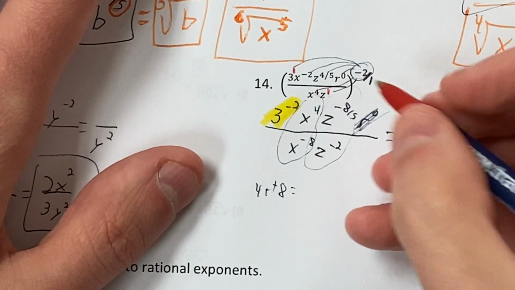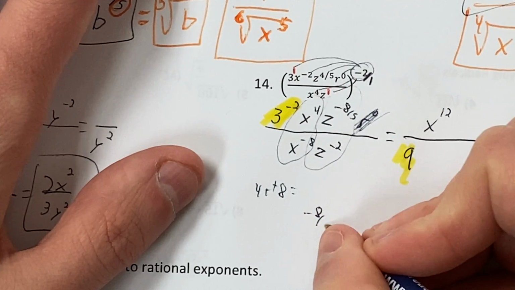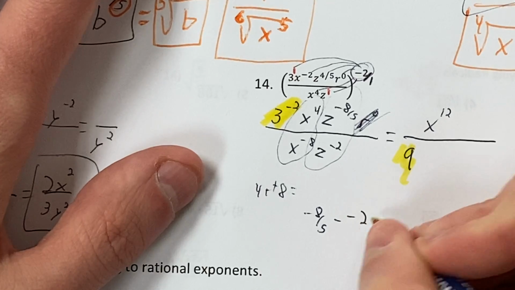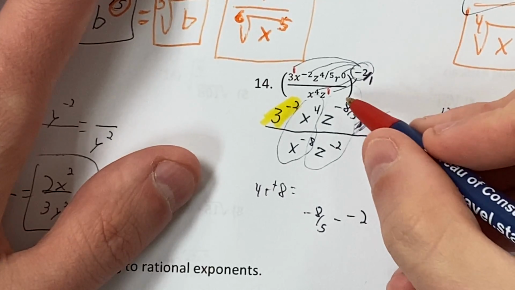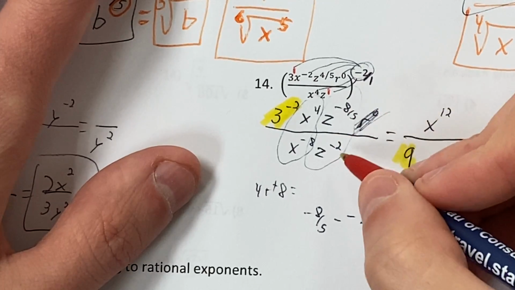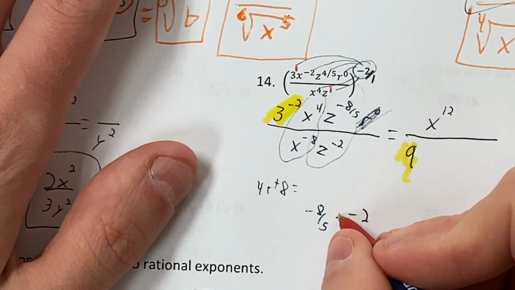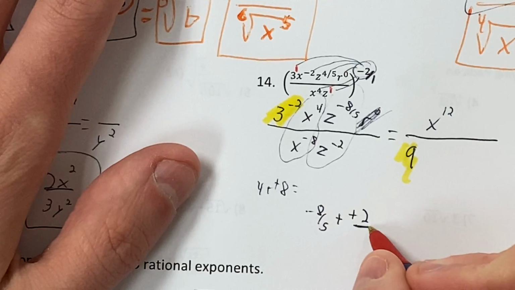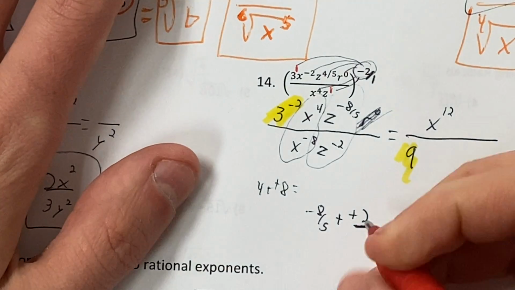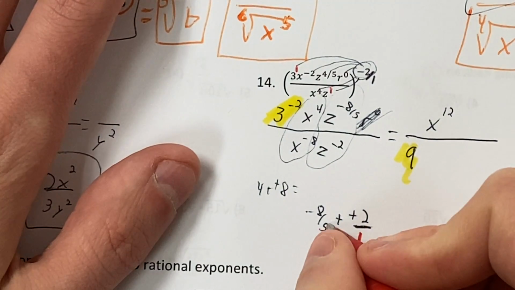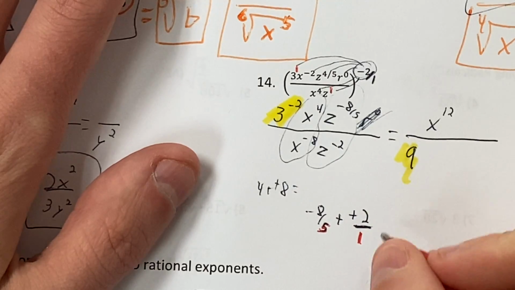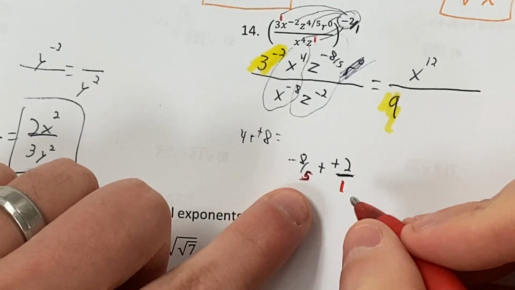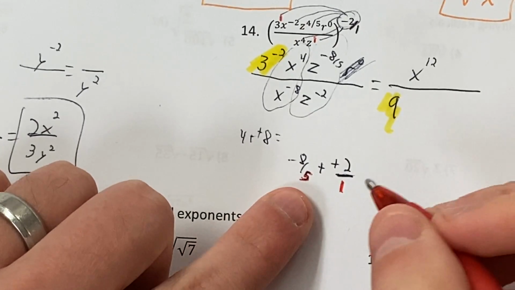As for the z's, oh boy, negative 8/5 minus a negative 2. Subtract the exponents. Negative 8/5 minus negative 2 will become a plus, but because it is adding, you have to get a common denominator. And right now this 2 is over 1, while this one is over 5. So to get a common denominator, the common denominator is going to be 5.